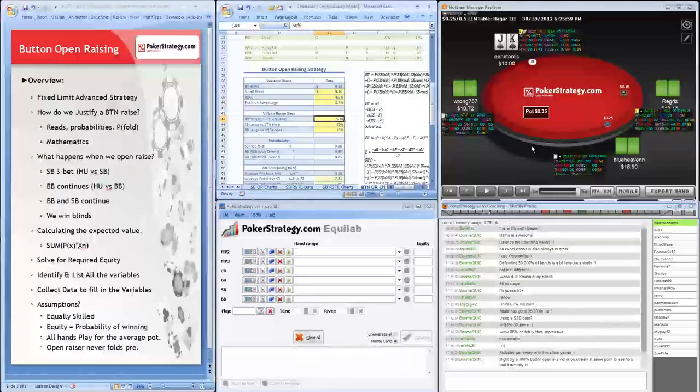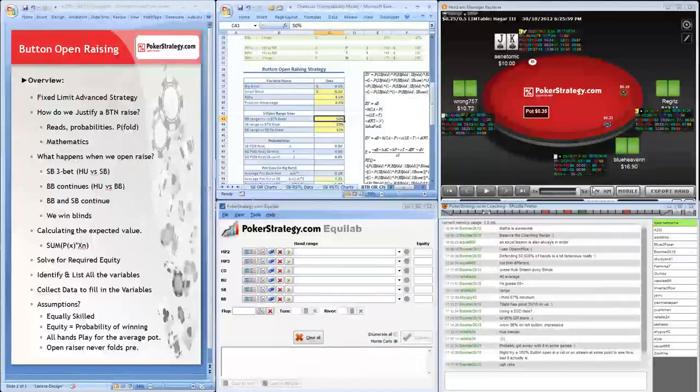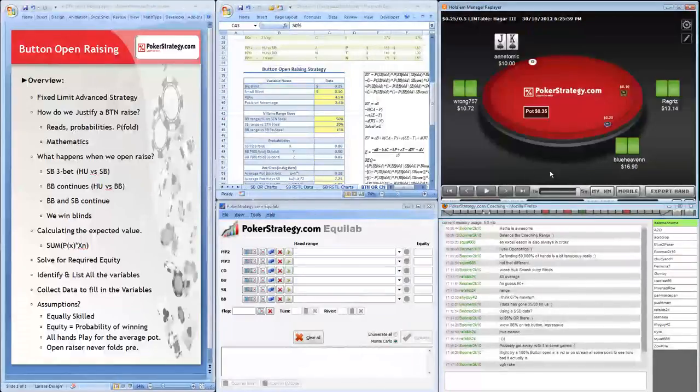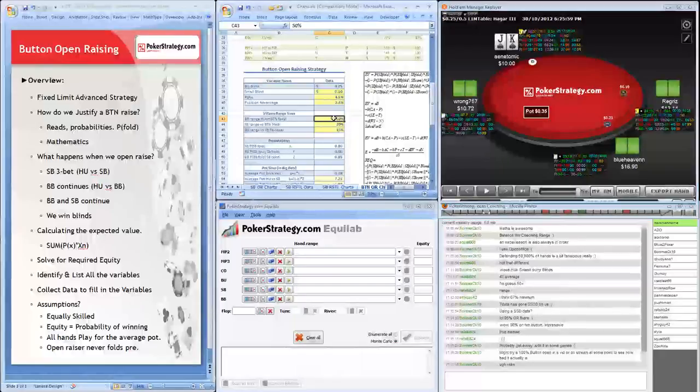So let's say we want to know how likely is the big blind going to continue if we open raise. Well, I don't have a lot of hands on this guy, only 52. And actually over this sample, he's been folding a lot. Against a small blind open raise, he's folded 100%. Against an open raise overall, it's 83. So that's pretty big. But, you know, we would probably want to look at something more average, right?